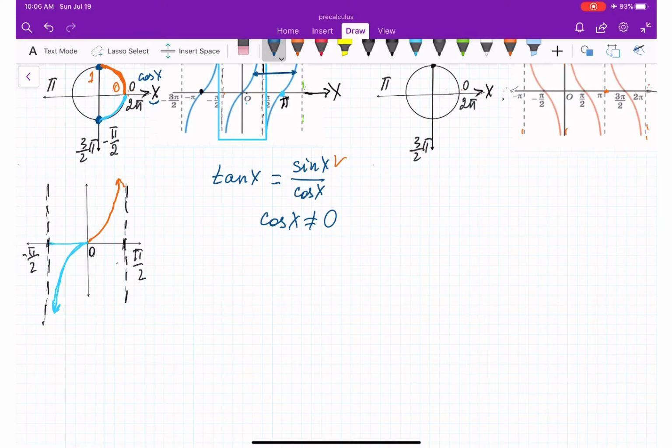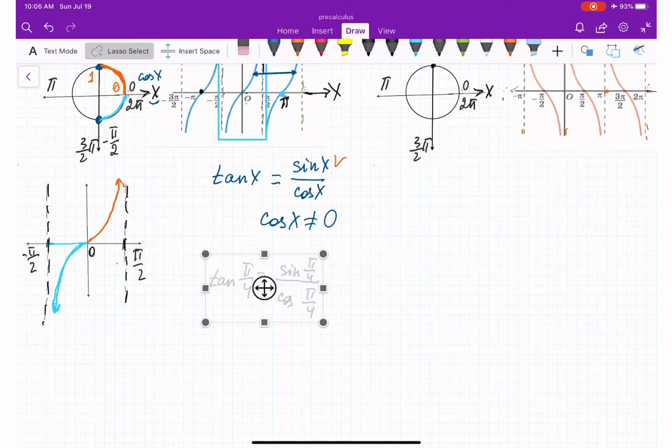So let's take tangent at pi over 4, 45 degrees. It's going to be equal to sine pi over 4 over cosine pi over 4. Yes?